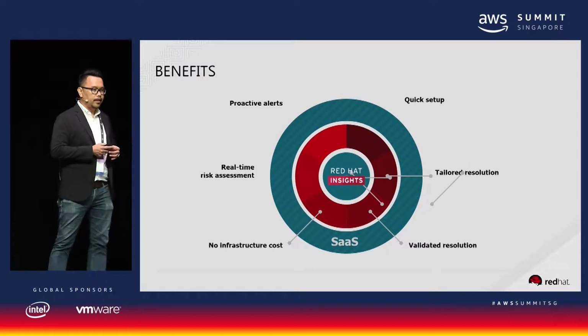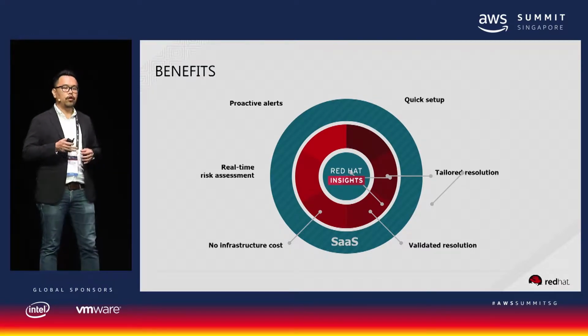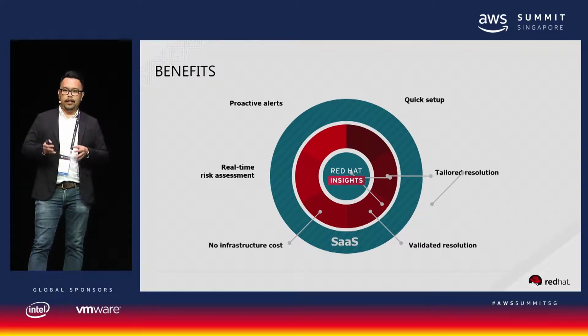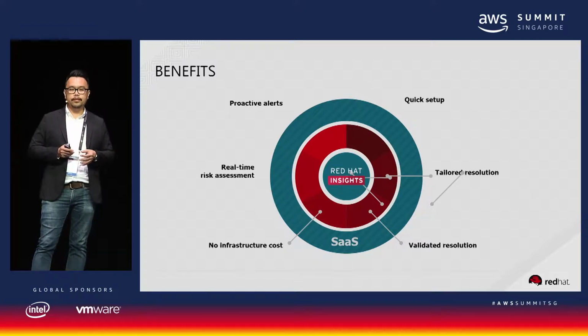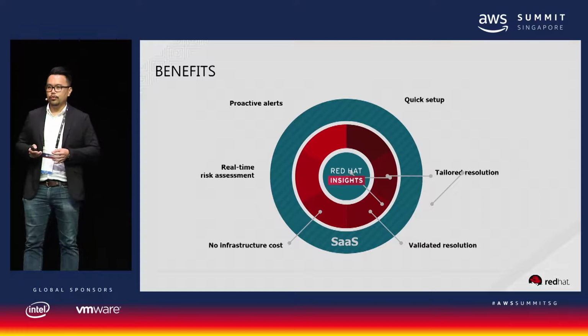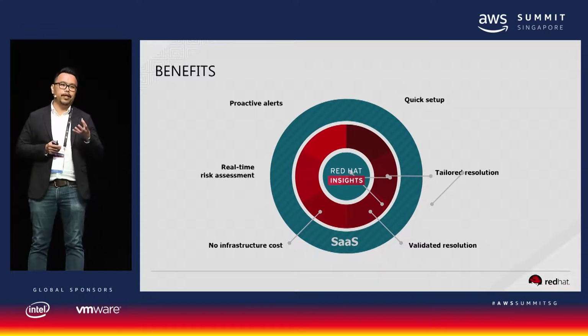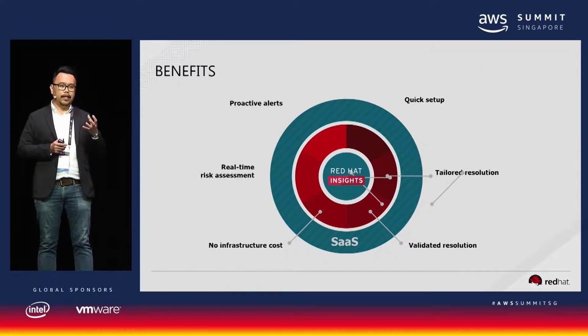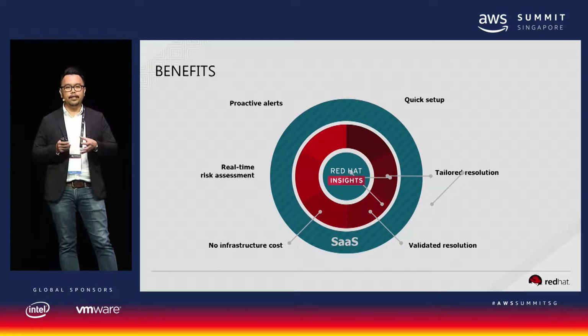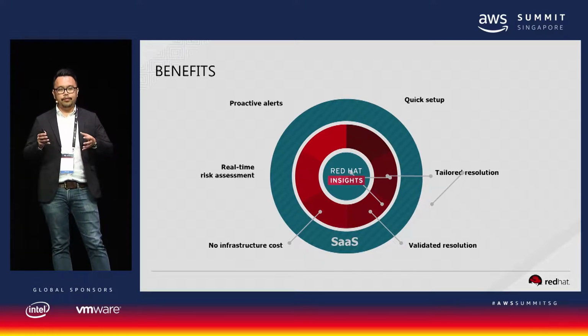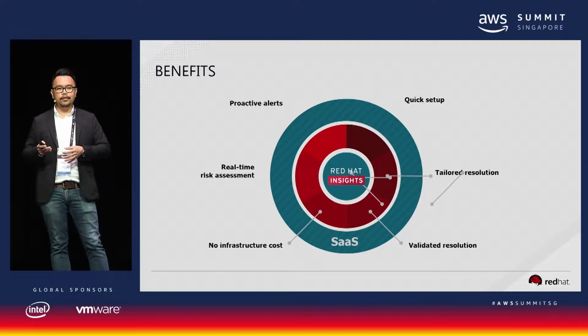What it does is provide ongoing, in-depth analysis of your Red Hat infrastructure deployments. It's able to do so by collecting system-level metadata, and once it collects this information, it will be compared against this ever-growing database that Red Hat has built up over the years.